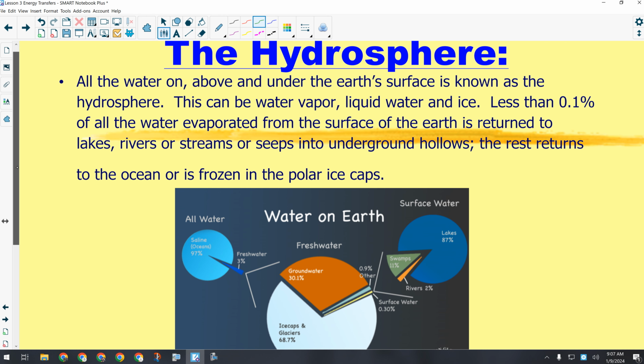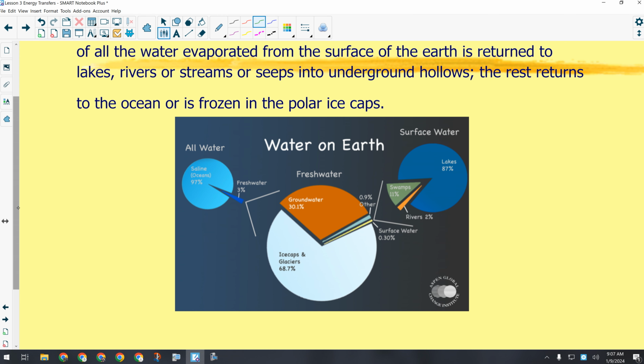If we're looking at kind of the percentages here, this would be all the water on Earth right here. 97% of all the water on Earth is in the oceans and is salty. 3% of the water on Earth is fresh.